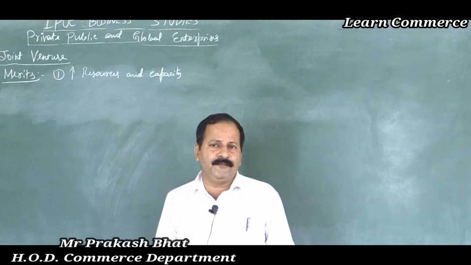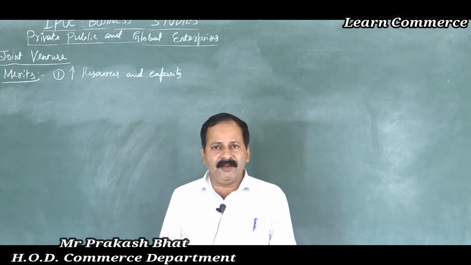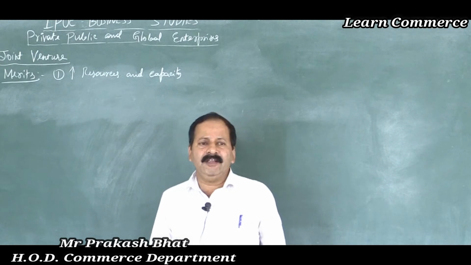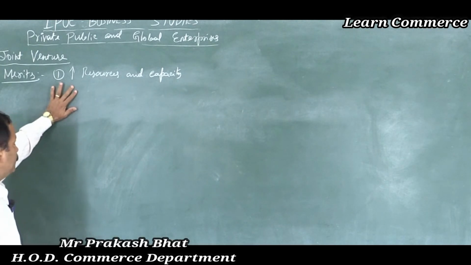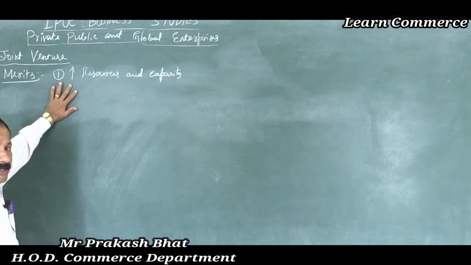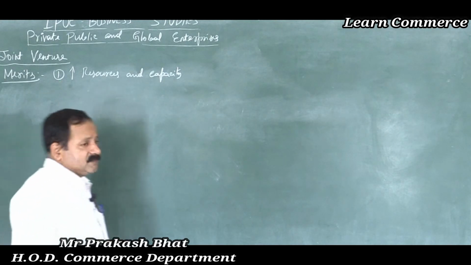When both the firms invest technology, human resources, capital, everything, then there will be more capacity for the new venture. The new capacity will be more than whatever they were doing earlier, isn't it? So that is an increase in resources and capacity.